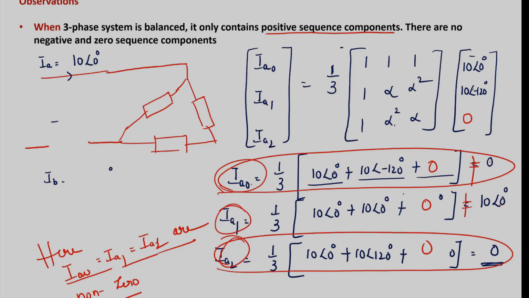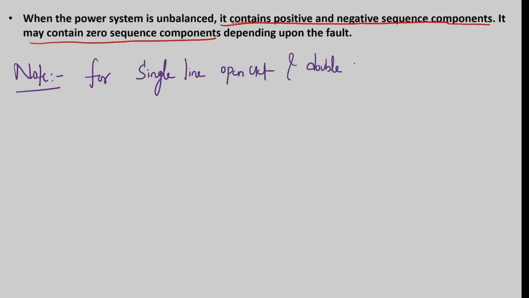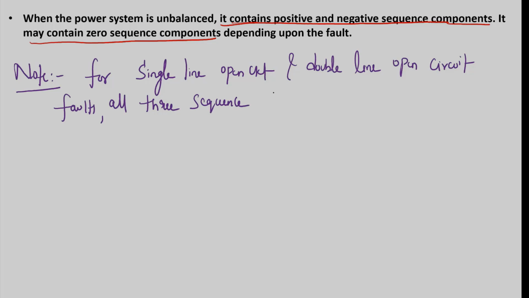Okay. So you remember this point: for single line open circuit and double line open circuit faults, all three sequence currents are present.